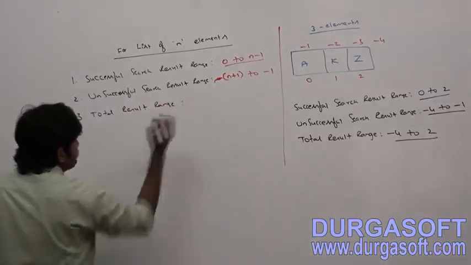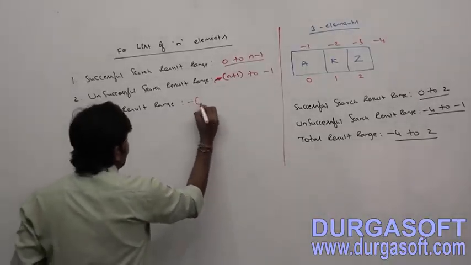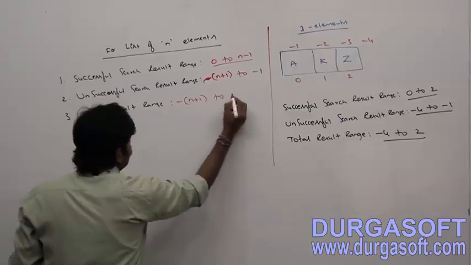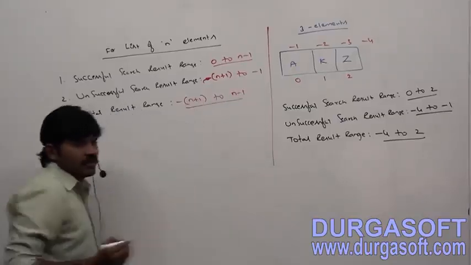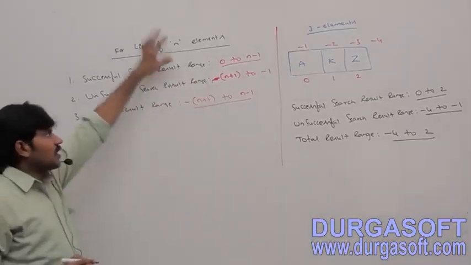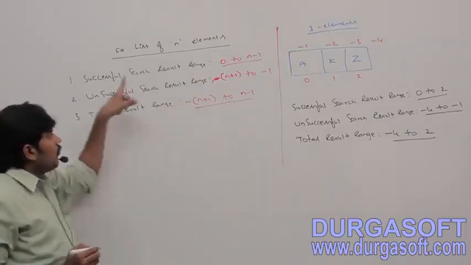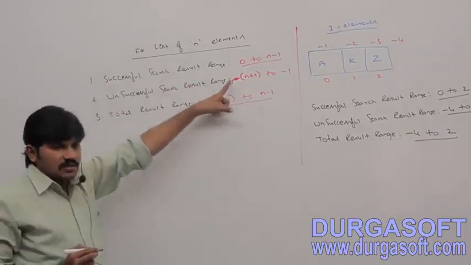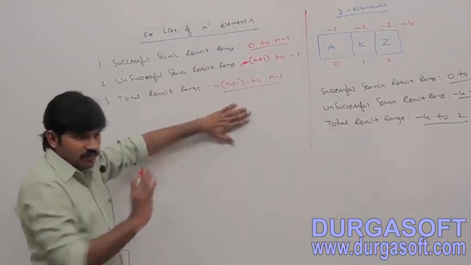Sir, whether it is successful or unsuccessful, what is the result range? Minus of n plus 1 to n minus 1. There may be a chance to be asked for the list of n elements, in the case of binary search method, what is the successful search result range, unsuccessful search result range, with mathematical formulas like this.